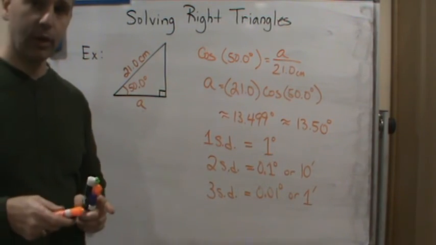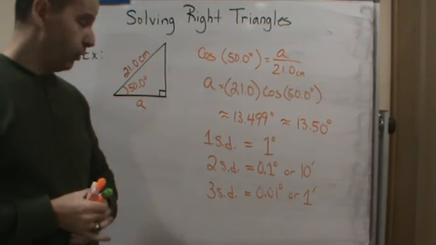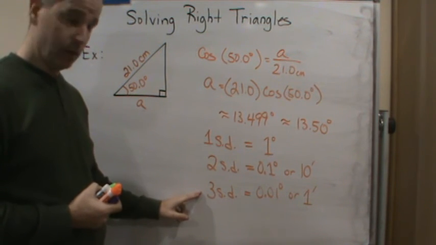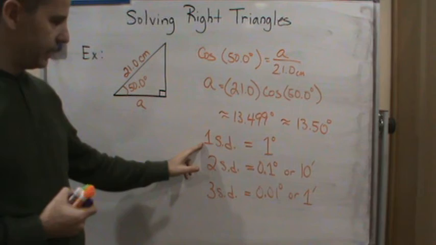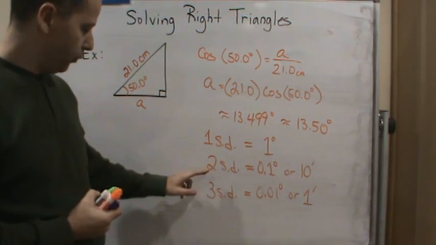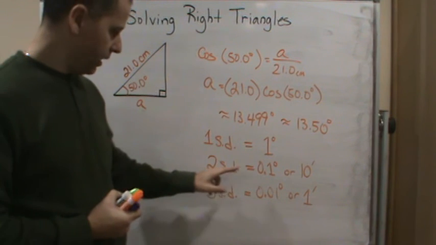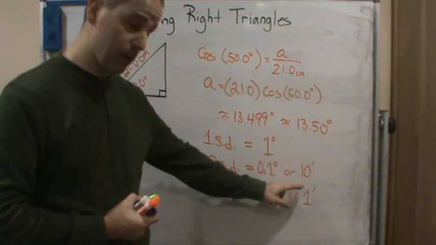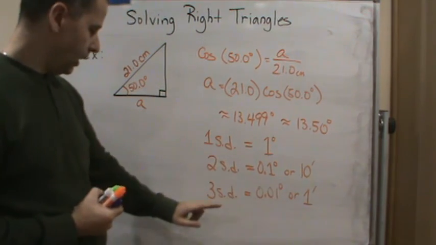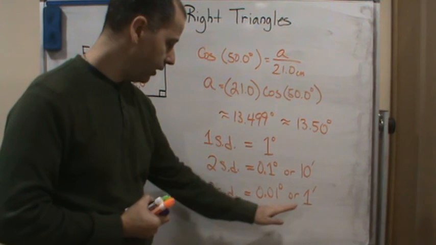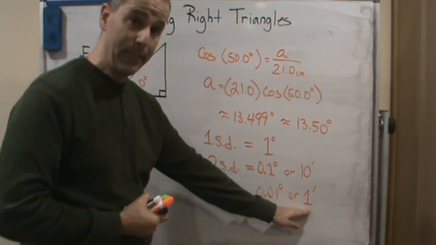So remember how to round: it depends on the significant digits. One significant digit, round to the nearest degree. Two significant digits, the nearest tenth of a degree, or the nearest 10 minutes. Three significant digits, the nearest hundredth of a degree, or the nearest minute.